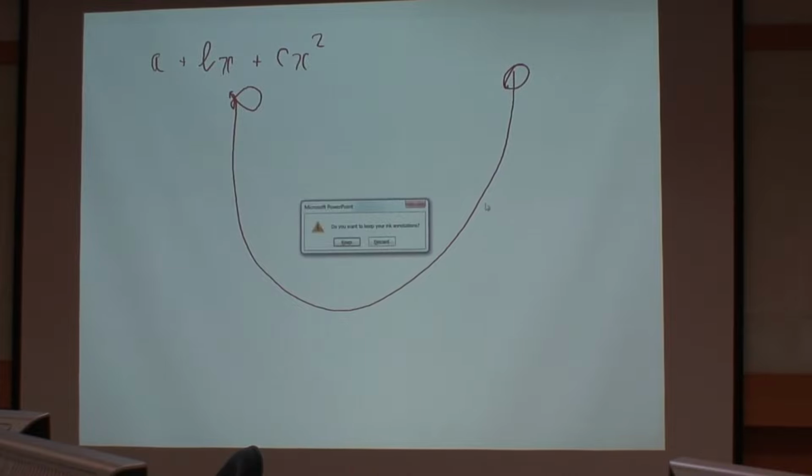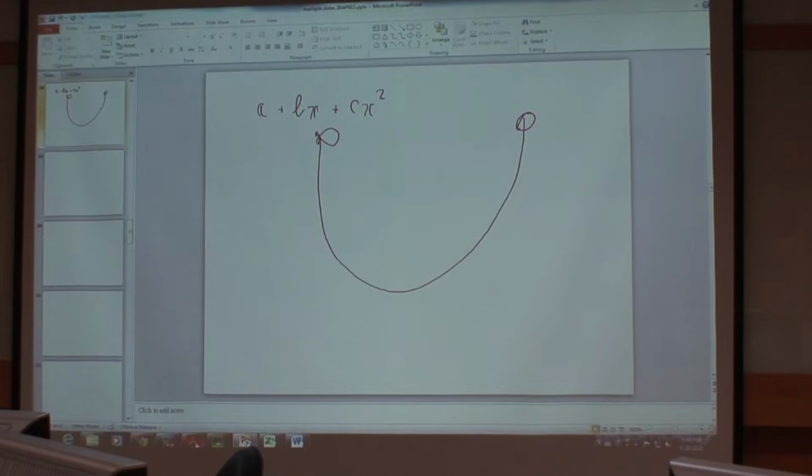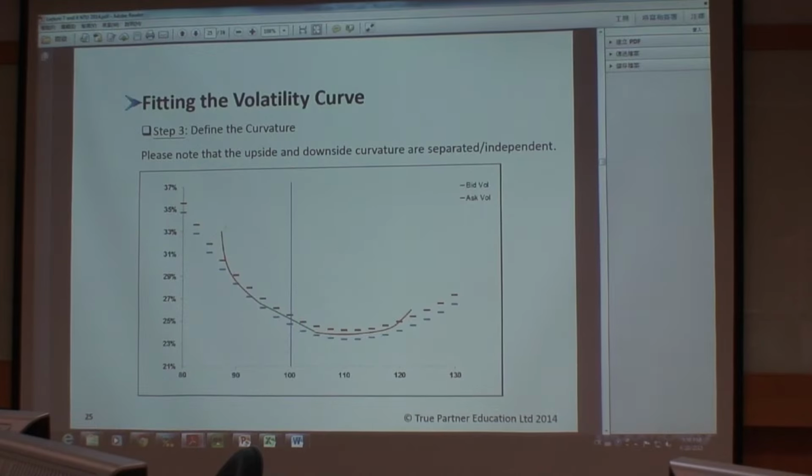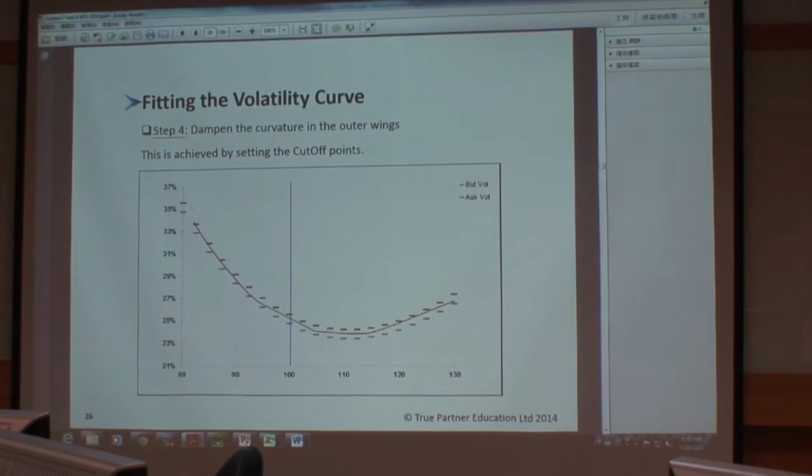So, after adding curvature, you see that for the far out of the money puts and the far out of the money calls, that curve gets too steep. So I just need to cut it off, so that beyond a certain point I just draw a straight line.